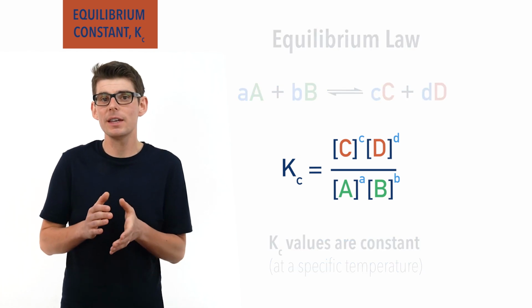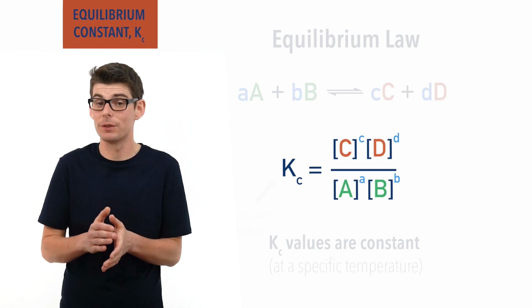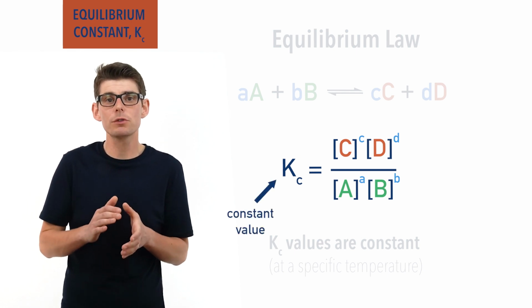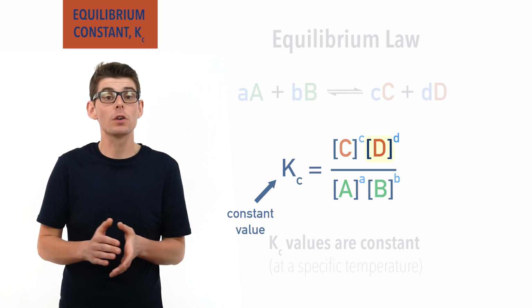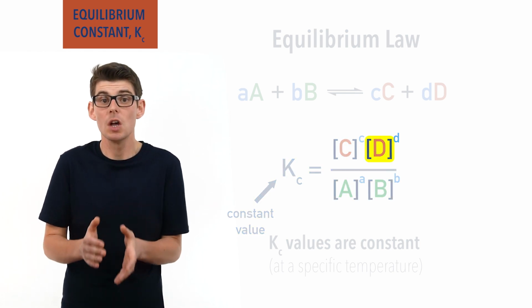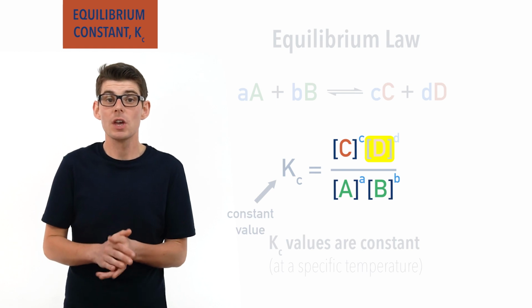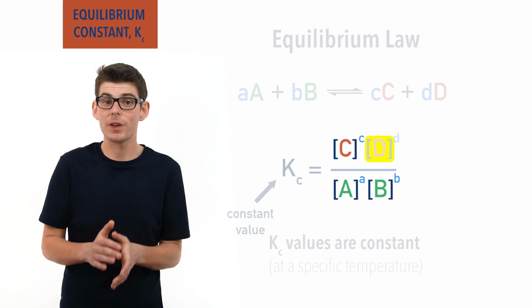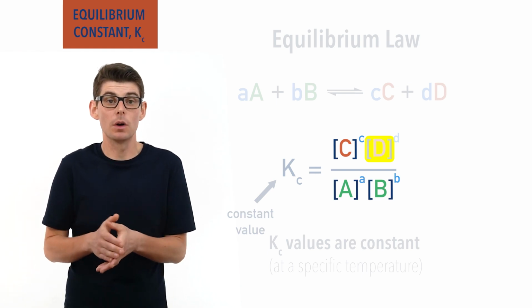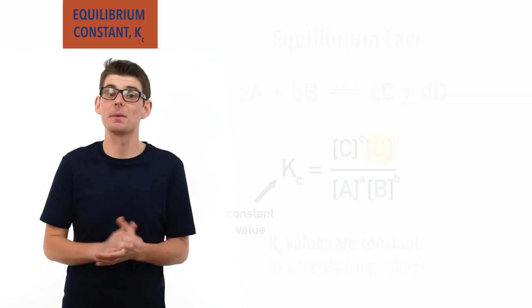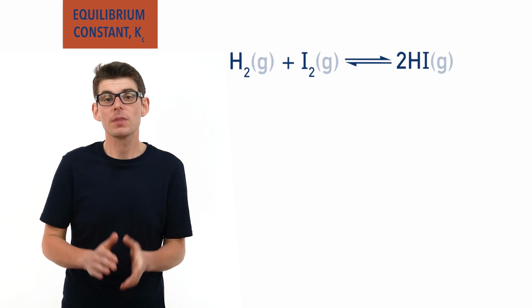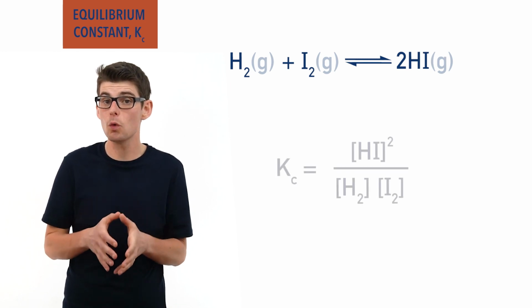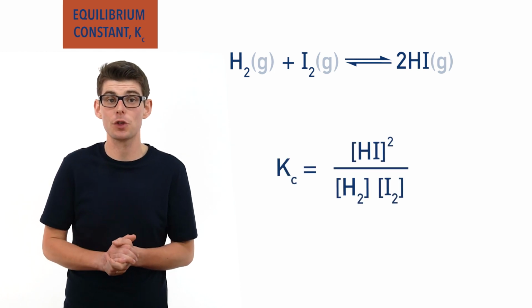As the value of Kc has to be the same at a given temperature, if the concentration of something in an equilibrium mixture is changed, the concentrations of everything else will then also have to change to make sure the ratio of everything gets back to the value of Kc. For example, with the hydrogen and iodine system we just looked at, the value of Kc is always the same at a particular temperature.